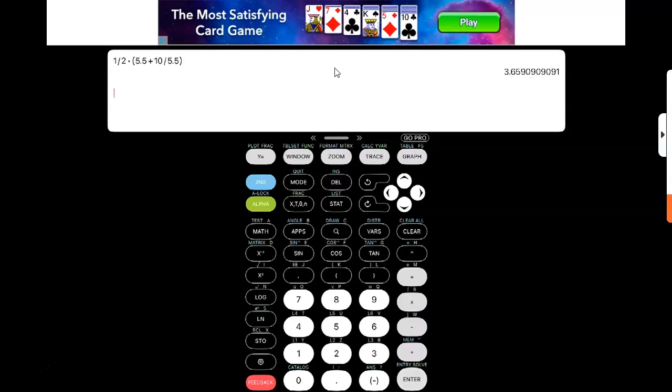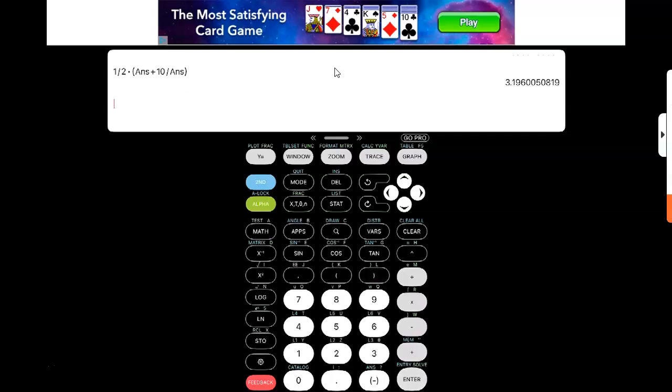On the graphing calculator, you can do 1/2 times parentheses, second answer, plus 10 divided by second answer.